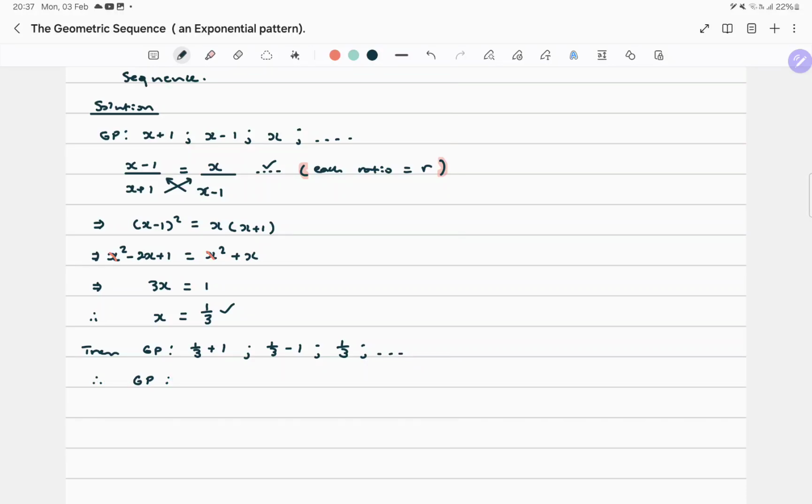You can say therefore the GP. Multiply 3 there, that's 3 plus 1, that's 4 over 3. Multiply 3 there, 1 minus 3, it's minus 2 over 3. And that's just a third. So that is the story, guys. Those are the first 3 terms of the geometric progression. So we've done it.